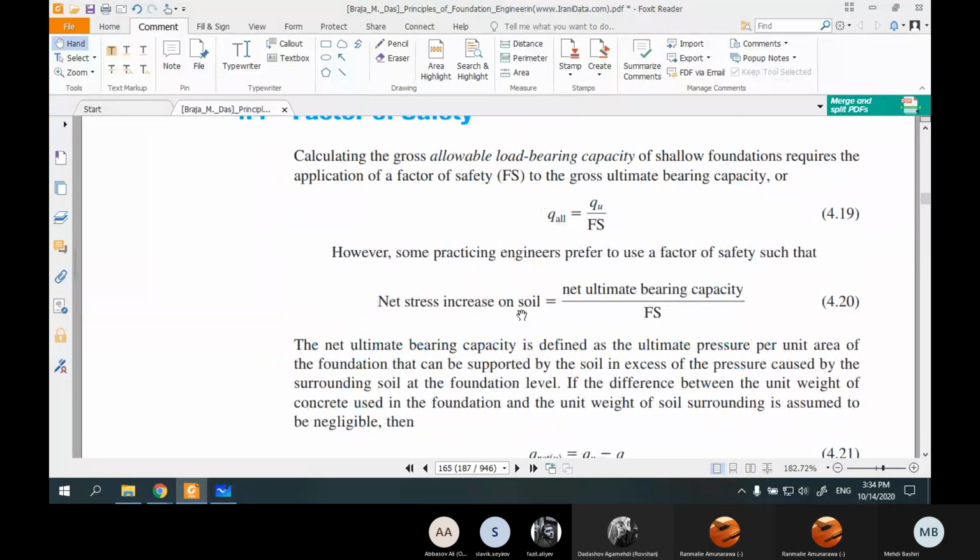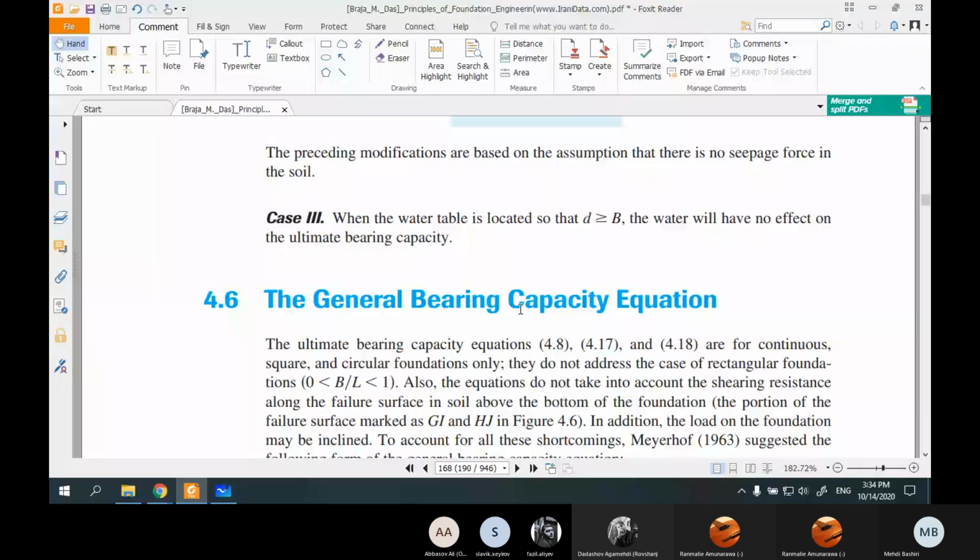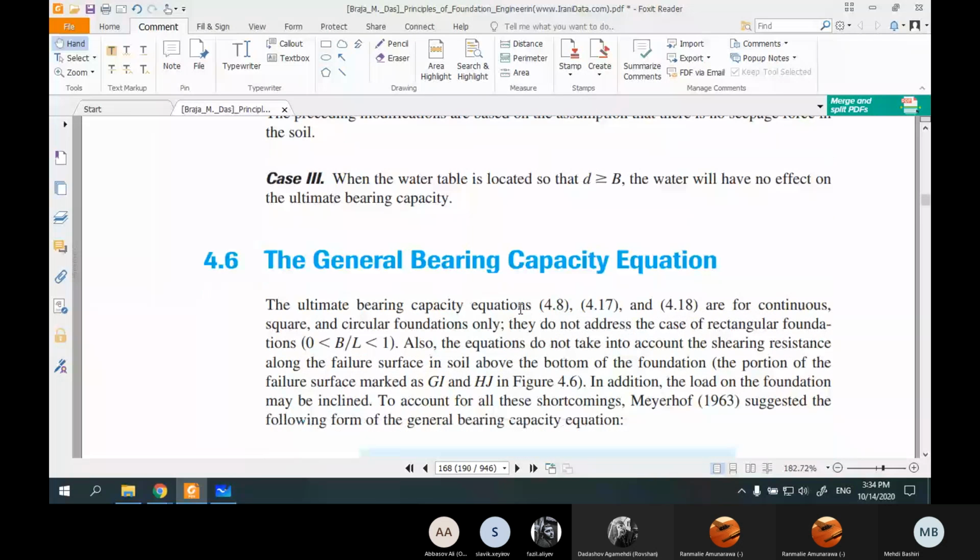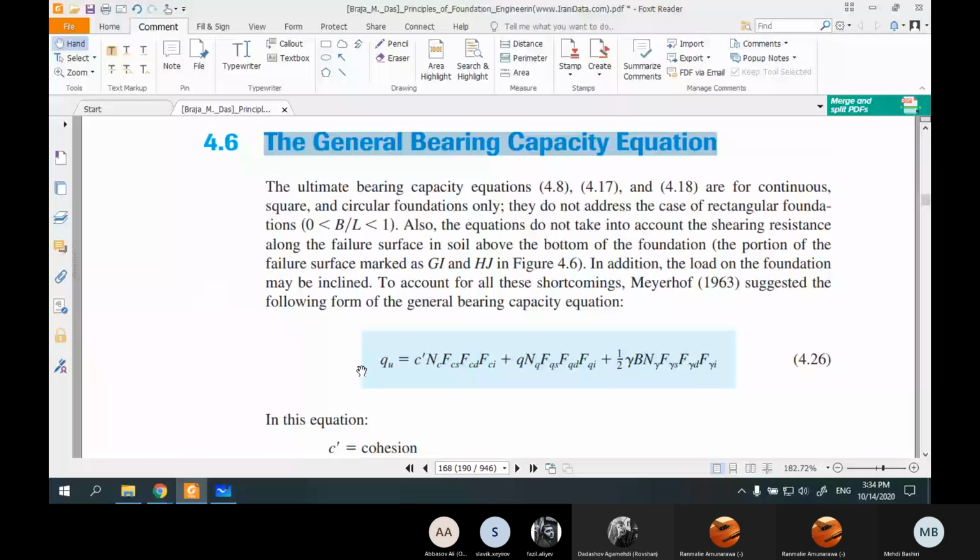Here you can see the final equation for shallow foundation. It considers all the cases: different shapes, different types of loadings, and different ground levels.